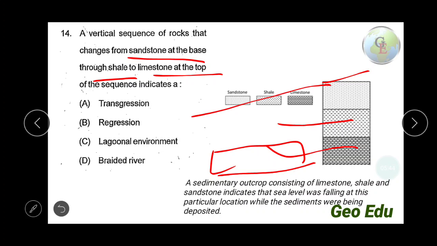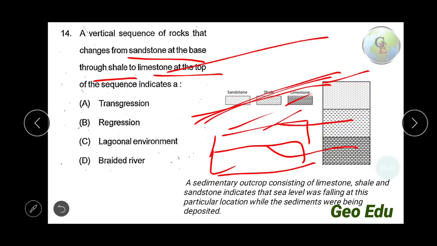After that, the sea level rises, and the water consists of lots of suspended fine grains. These tend to settle down and give rise to shale. And after that, as the sea level keeps rising, this is now the deep sea environment. And as you know, limestone requires a very deep environment to accumulate.